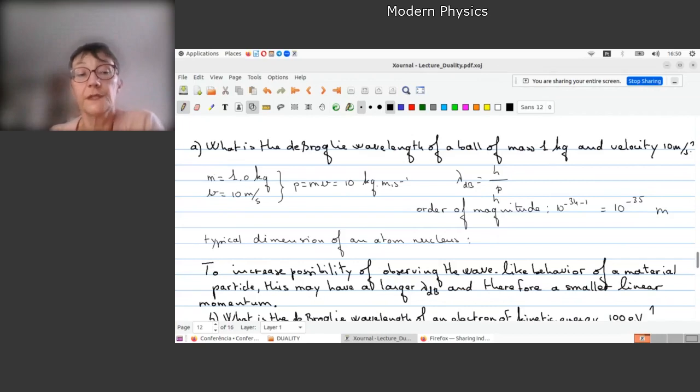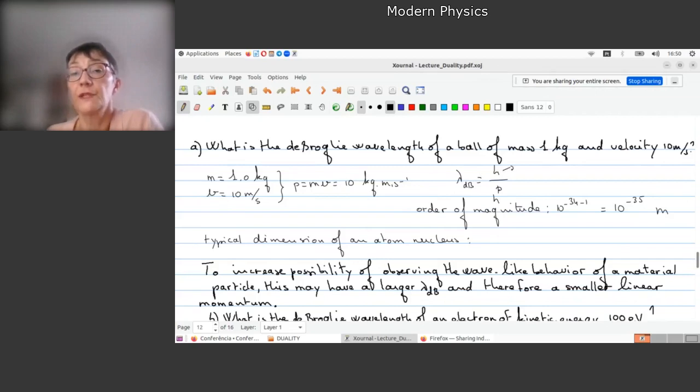You have the mass and the velocity, so you calculate the linear momentum, mass times speed, and you will have 10 kilogram meters per second. The de Broglie wavelength will be h over p.